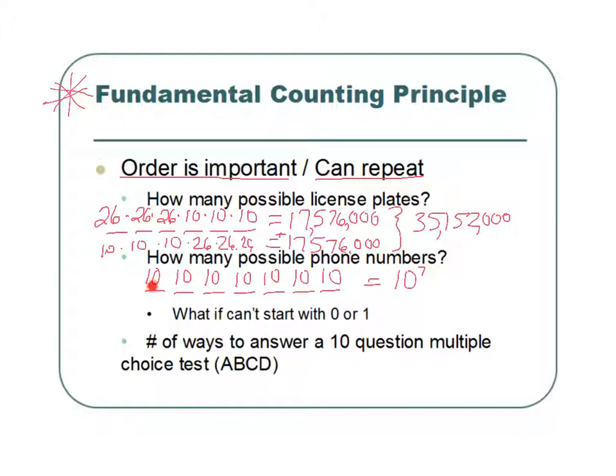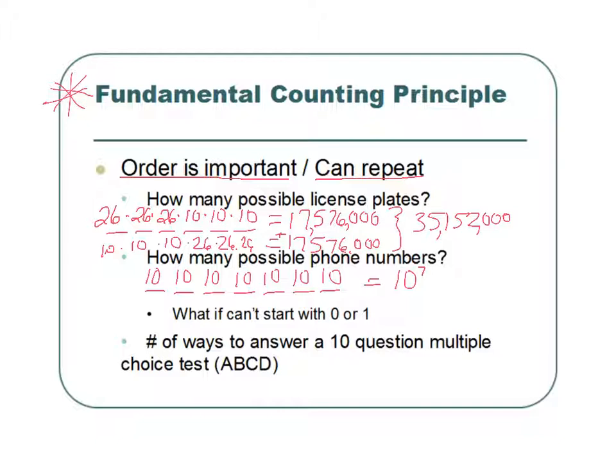You also cannot start with 1 because, if you think of a landline, if you still have a home phone, if you dial 1, it's the beginning of calling long distance. So there are restrictions, and then we talked in class about how you start limiting that. Well, if this can't be a 0 or 1, now that's going to be an 8 instead of a 10. But then the rest of them could still be 10.